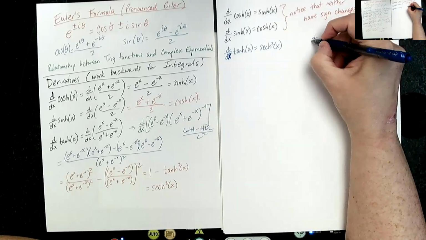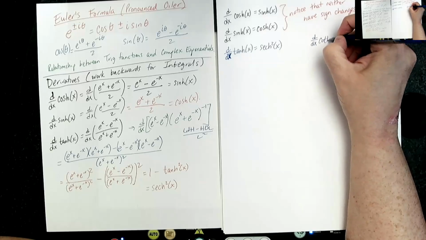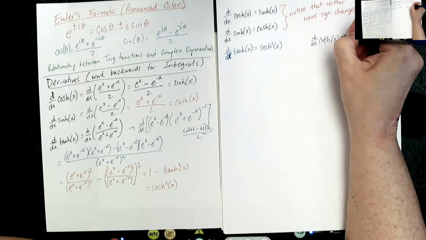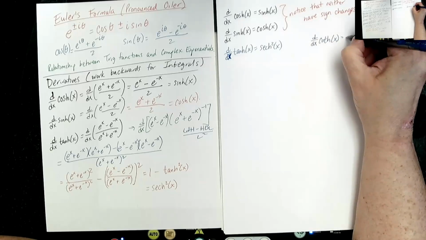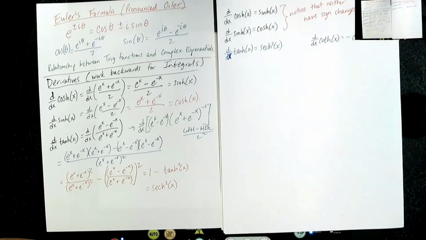We do d/dx of coth, the hyperbolic cosecant squared. This one does have the negative. In fact, the remaining 3 have the negatives. All your inverse or your flipped ones have the negatives.